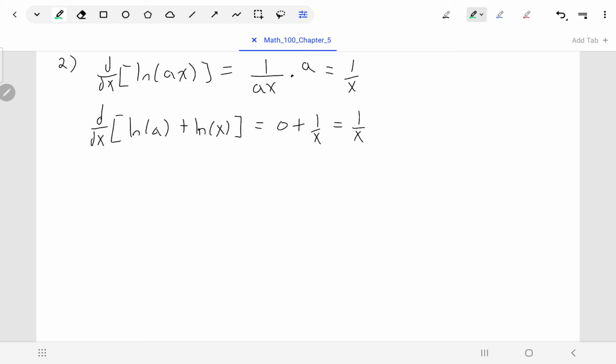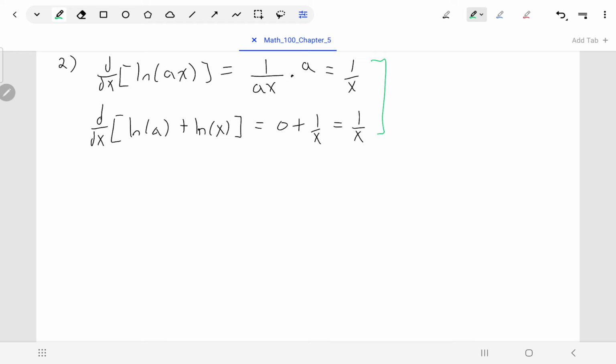This is where we're going to flash back and remind ourselves of something. So 1 over x, an antiderivative for it should be the natural log of ax. And an antiderivative of 1 over x should also be the natural log of a plus the natural log of x. And one thing we know is that antiderivatives of the same function might be a constant apart from each other, but if you have a function with one antiderivative and a different antiderivative, then the two antiderivatives have to be the same except for maybe plus or minus a constant.